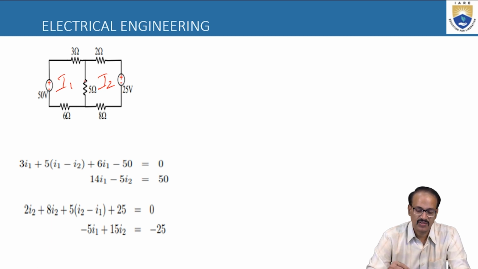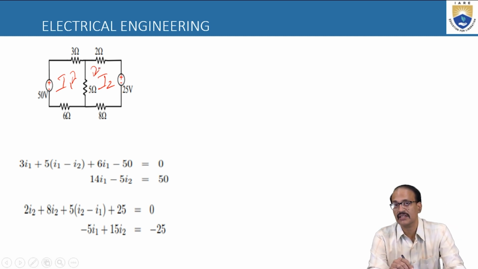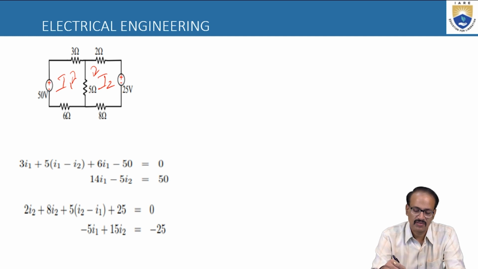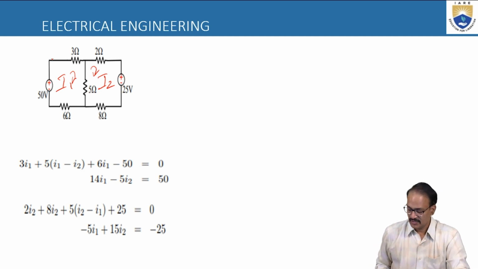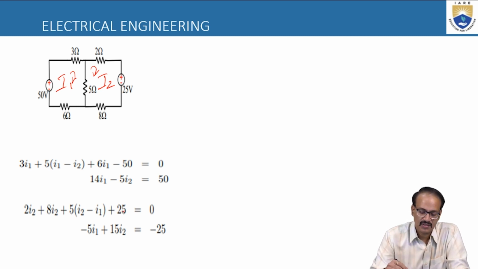Second case. In this case, I have assumed both are in the clockwise direction. Either we can assume both are clockwise, both are anti-clockwise, or you can go by the sign, but the answer should be the same. So here 2I2, since this is the second loop, the current will be I2.